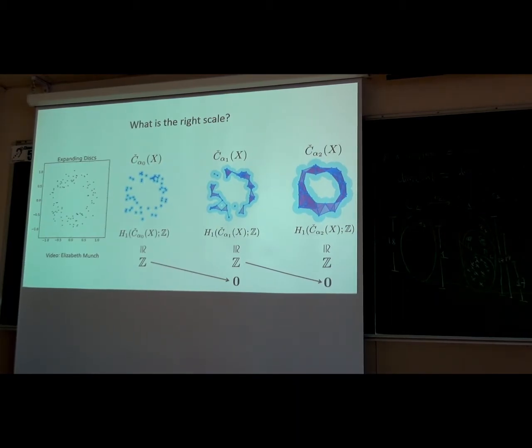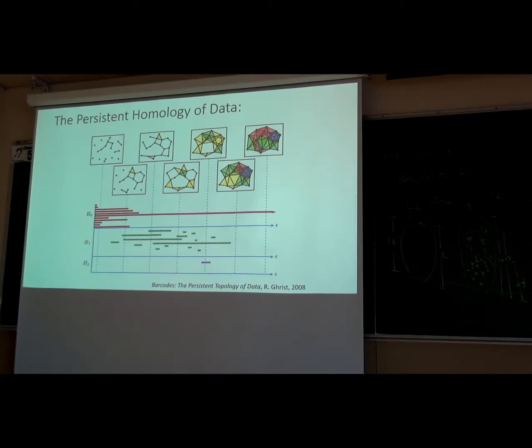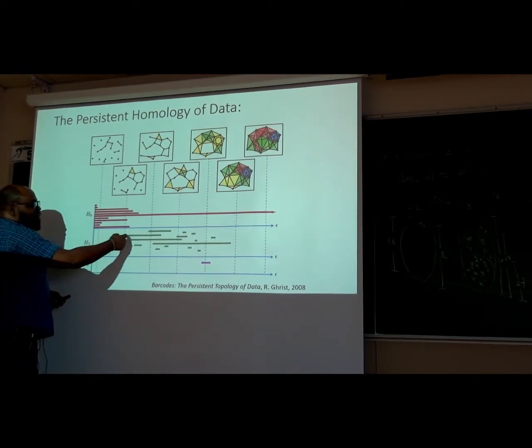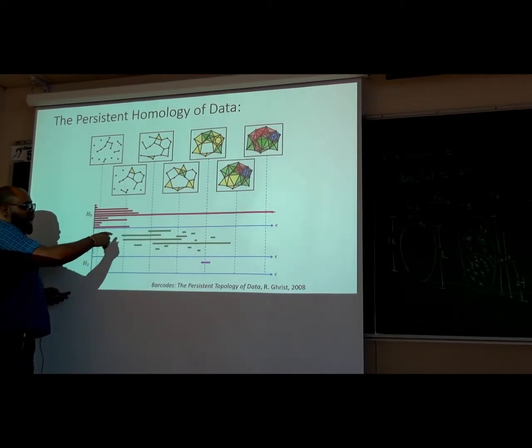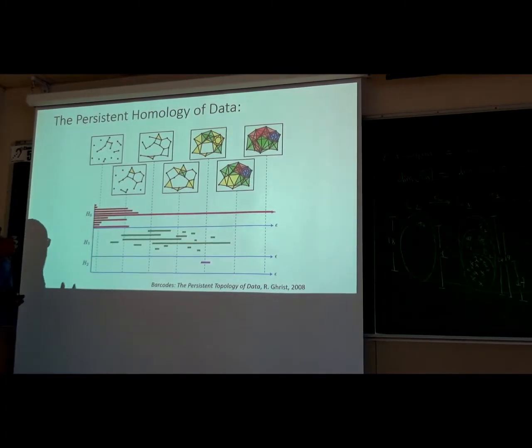So what we would like to do is to look at these complexes at all scales and track how the homology features are changing. That's exactly what it is. Look at all scales and try to track homology in various dimensions. And the idea would be that the lines represent homology generators, or at least the goal would be to have these lines represent homology generators that persist as you change your parameter value, epsilon or alpha.